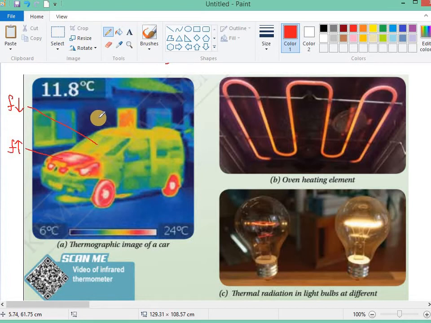Why like that? The reason is the color in this picture does not follow the electromagnetic spectrum.